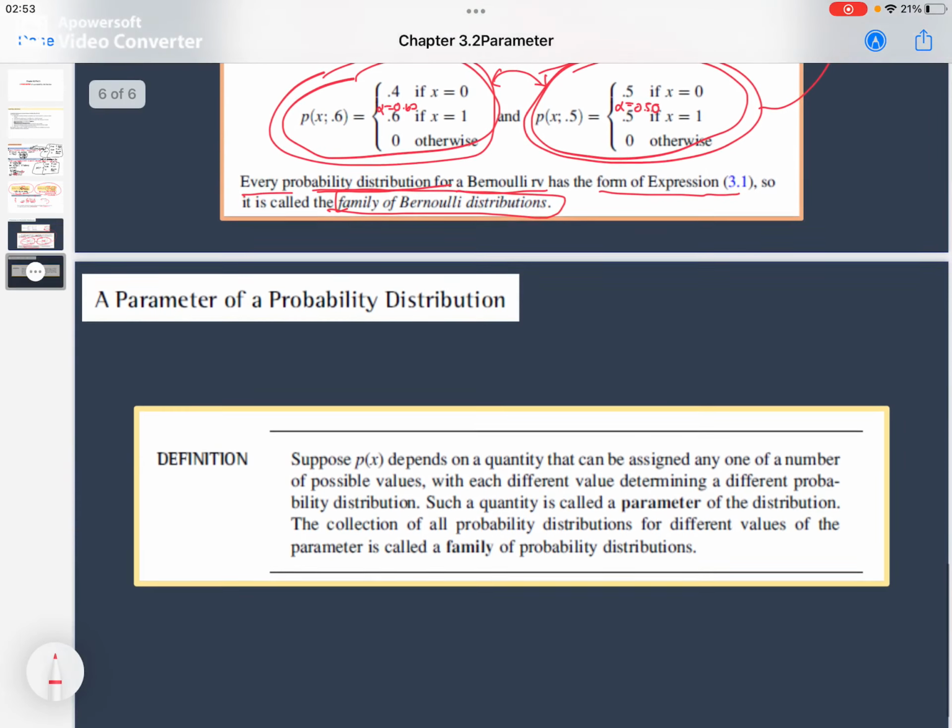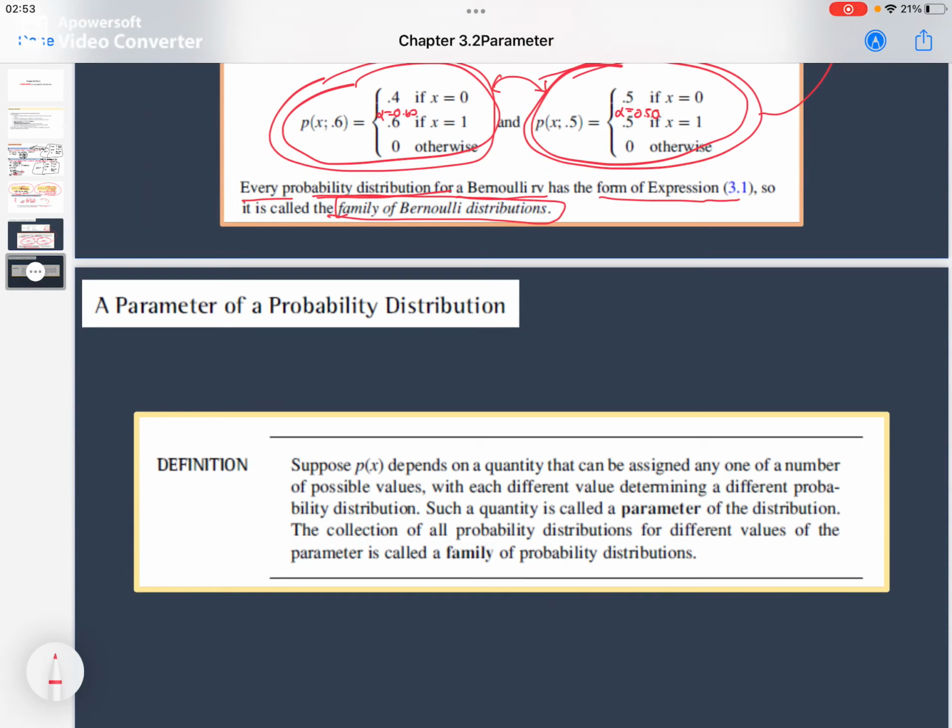Now, the final definition of a parameter says, suppose a probability distribution function P(x) depends on a quantity. We see that it's alpha, or it could be beta or tau or any other Greek letter, but this quantity or parameter should take on a numerical value.